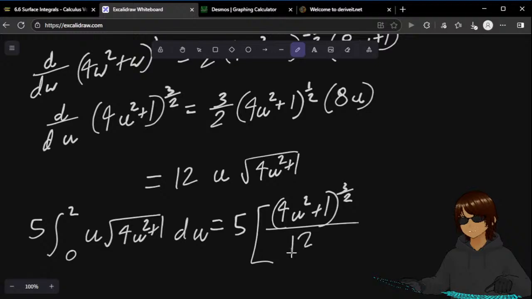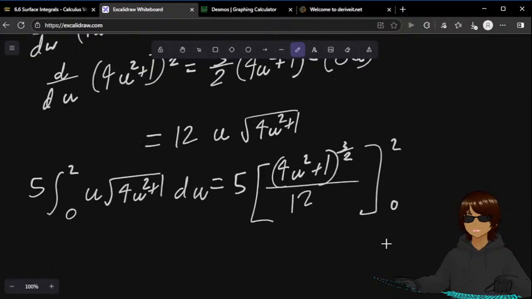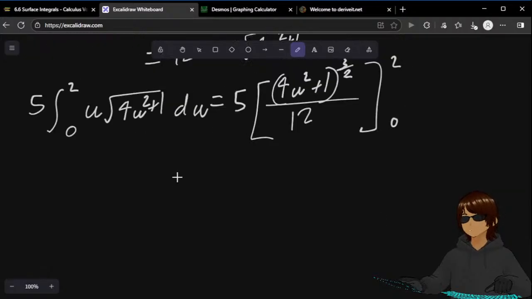So it goes from 2 to 0. So first put 2 here. So first 2 times 2 is 4, 4 times 2 is 8, 9.